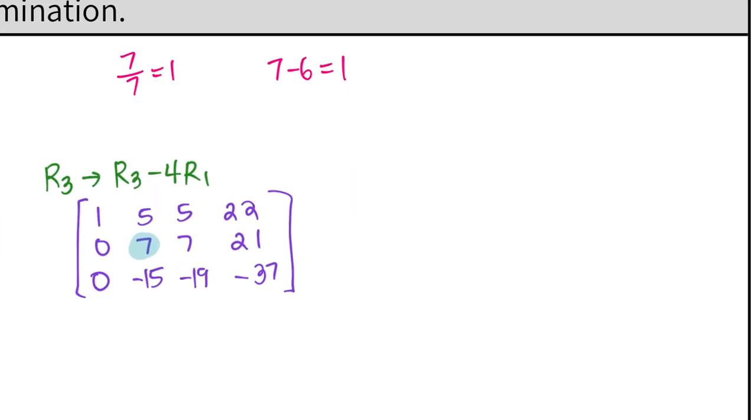So for this step, we're going to do row 2. We're going to replace it by 1/7 of row 2, basically just dividing by 7.